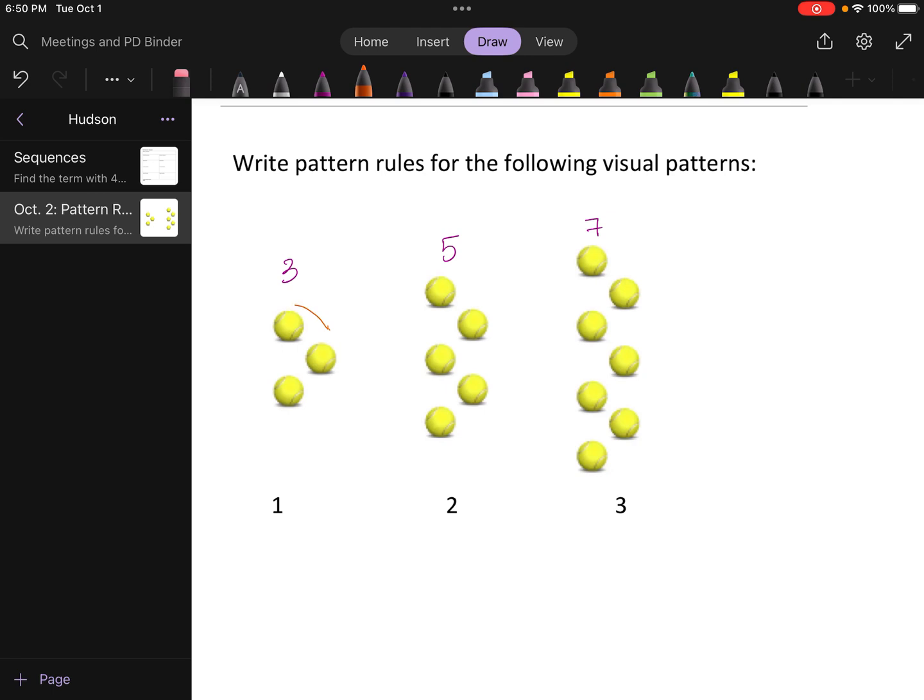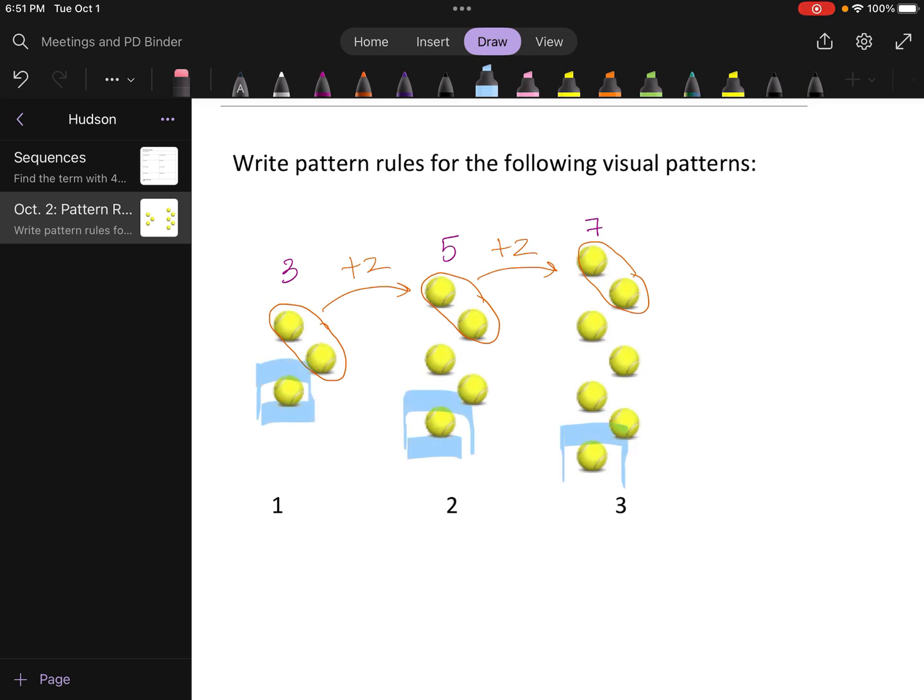So for example, in pattern 1, I might have these 2, and then I add 2 more each time, and then another 2 more each time. And this singular ball here at the bottom seems to stay the same in each of the patterns.